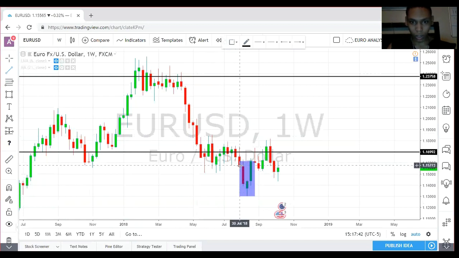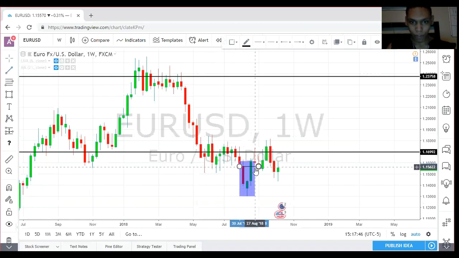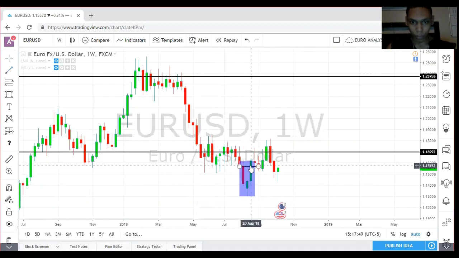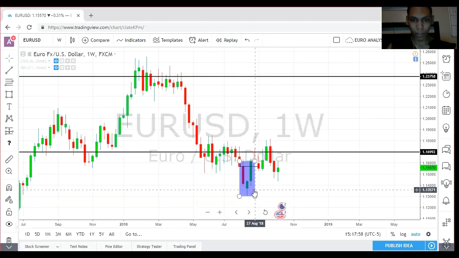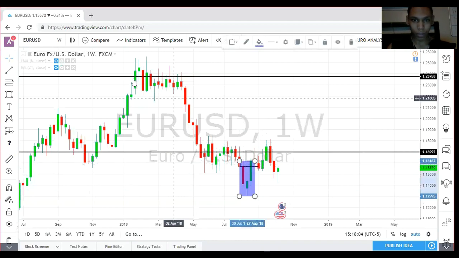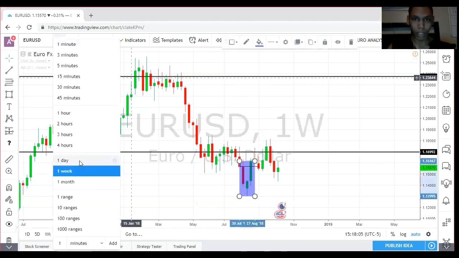So it closed above this bullish engulfing, closed above the open of it, and it retested the open of this. You go down on a daily time frame and look at that.